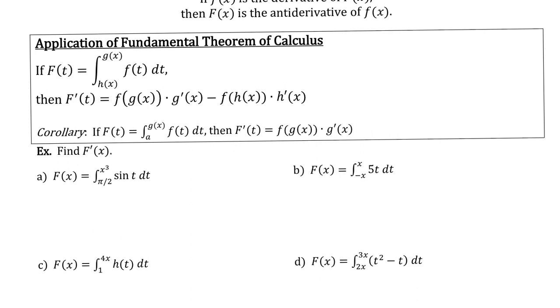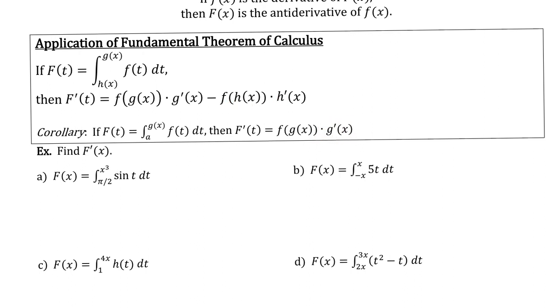Okay, now there is a special case of this application, and it's this one here. So what if there is an upper limit that's a function, but the lower limit is still a constant? Now if I take the derivative, the derivative and the integral do cancel each other out. So I would get f of g of x, and then to respect the derivative of g of x, I would do g prime of x.